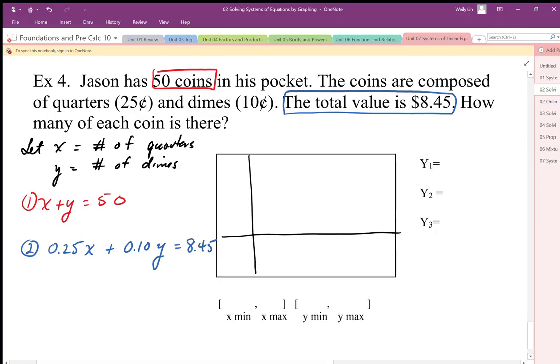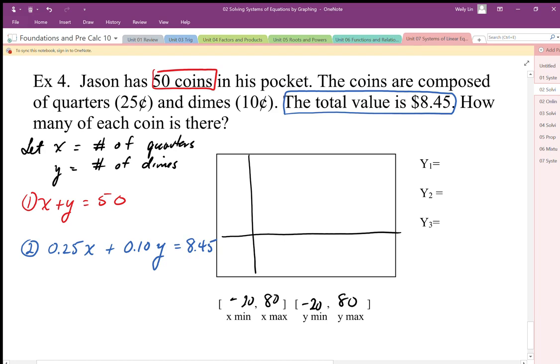So my x scale is going to be from maybe negative 20 to, let's say, 80, and my y scale is going to be from like negative 10, negative 20 to let's say 80, something like that.